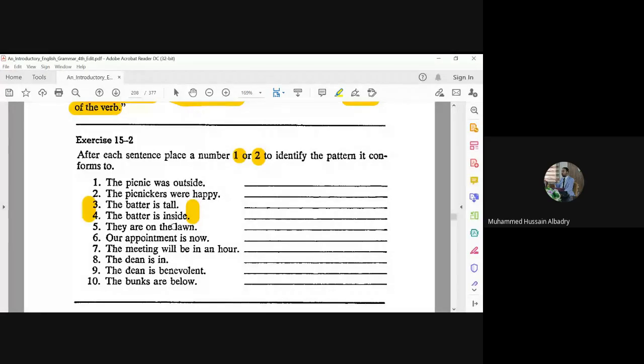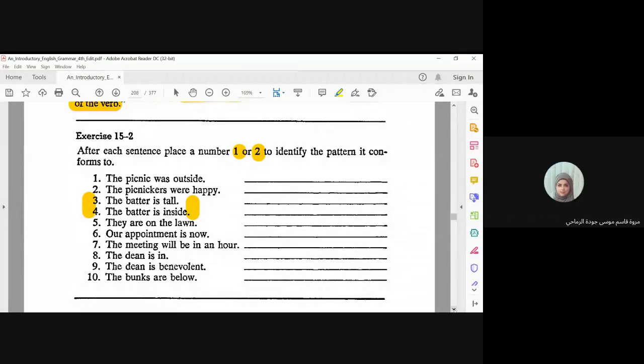Yes, Marwa Qasim. Yes, the butter is tall is button number 1 because the noun زائد be زائد adjective. And the two sentence is the two button because inside adverb. Yes, okay, thank you so much.